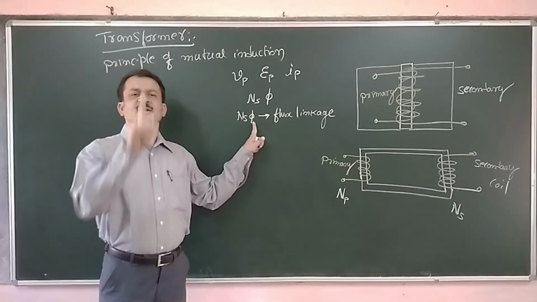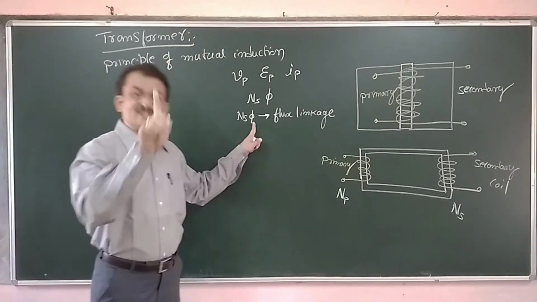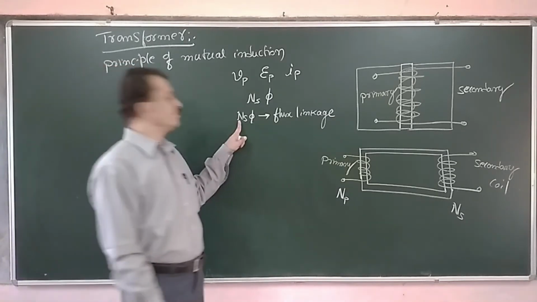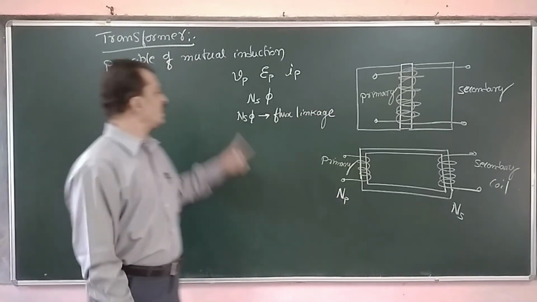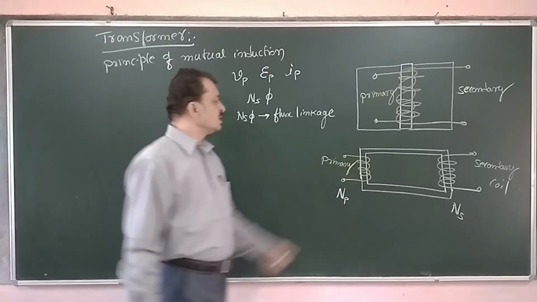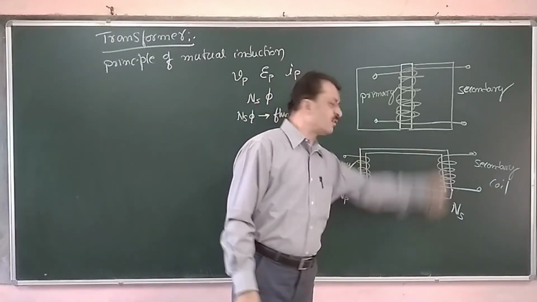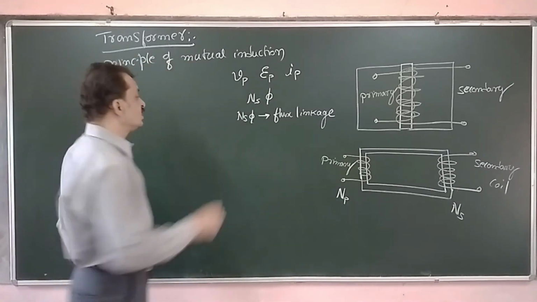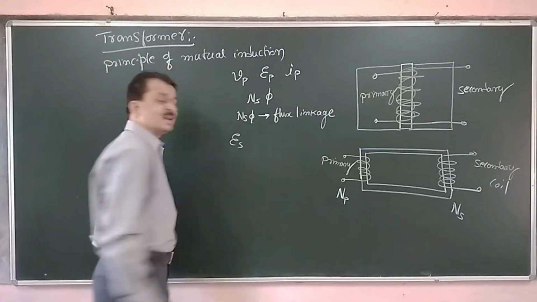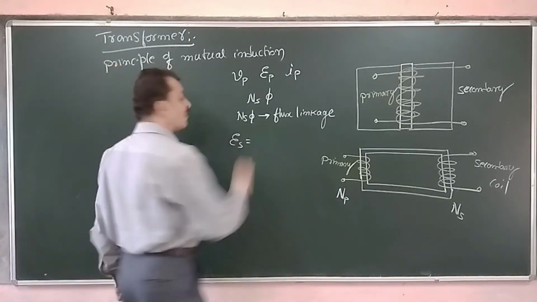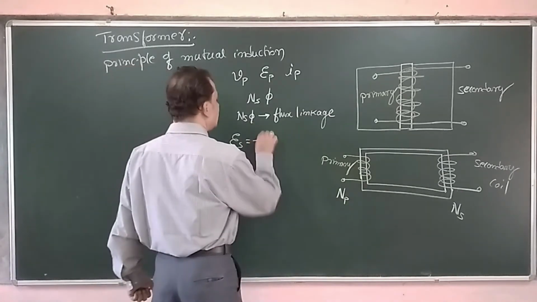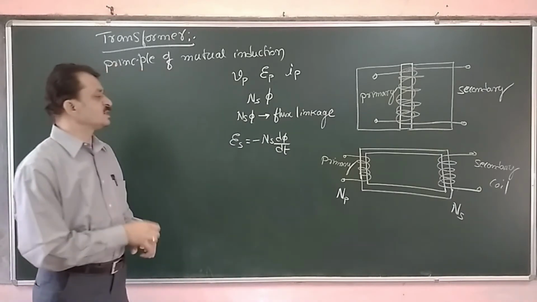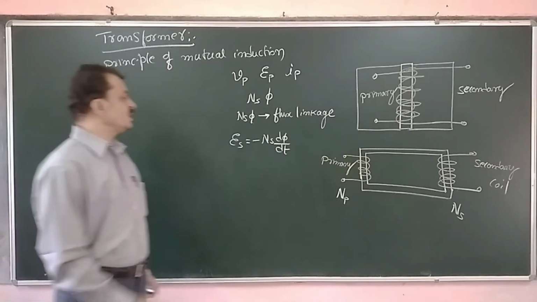Phi is the flux linked with only one turn. Since in the secondary we have NS number of turns, the total flux linkage of the secondary is NS into phi. Since this magnetic field is varying, that flux linkage is also varying. That varying flux linkage induces an EMF in the secondary according to Faraday, given by minus NS into d phi by dt.